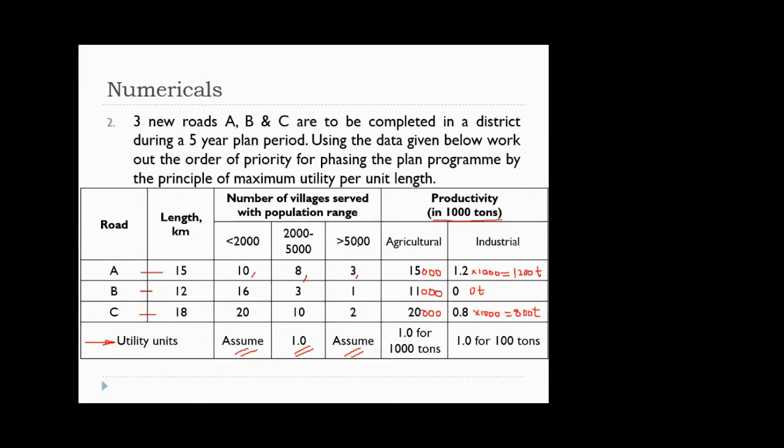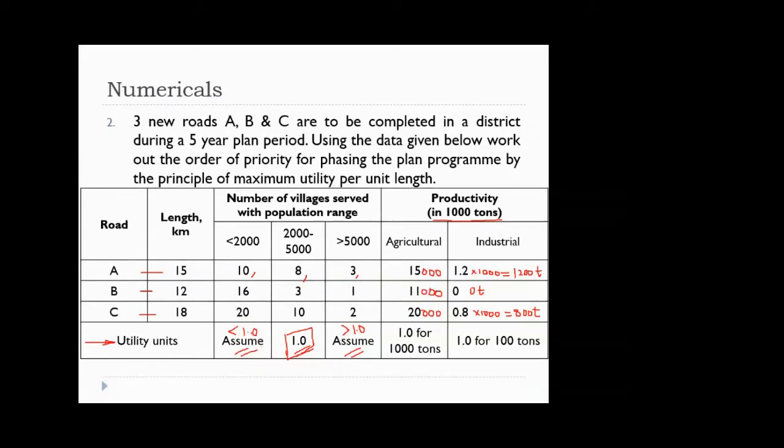If you are connecting more population, or villages with more population, that will have more impact on your road and the decision that you have to make. So obviously the value of utility that you assume will be greater than 1, and the value of utility that you assume for the category less than 2000 will be less than 1. That's why they have given the center value and left it up to you to assume these values, but this should be logical.